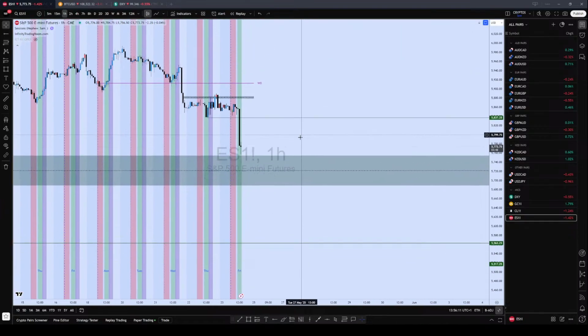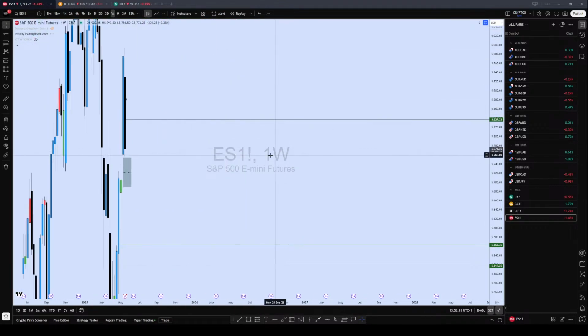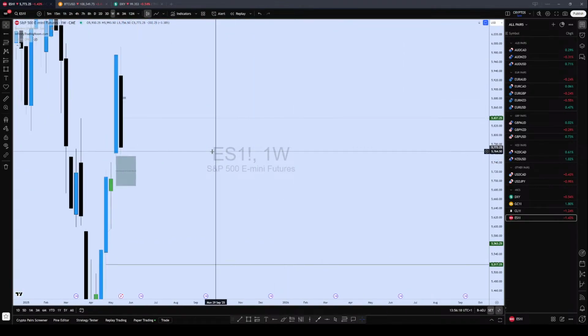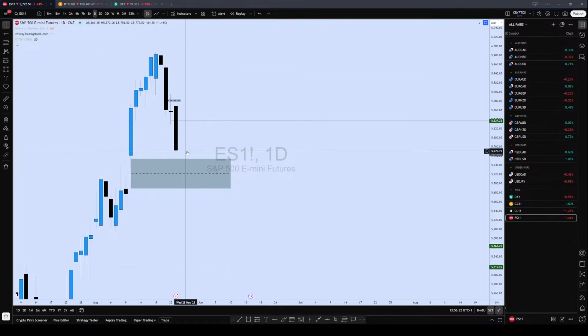So next week, if we pull back, which is what you should be expecting, they've taken out the previous week high, so they will take out a low, this low, that low. Preferably we go up first. So when the market opens next week, we don't want it to trade down straight away.